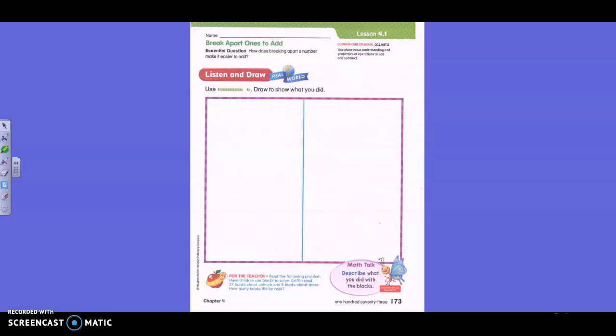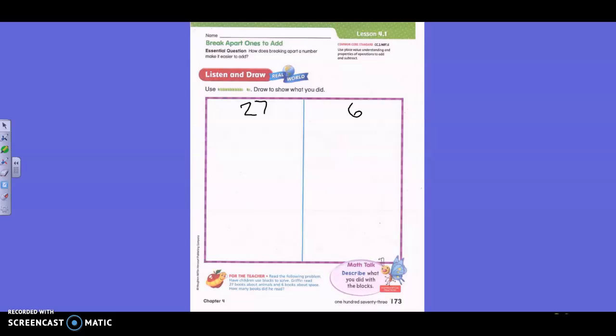Okay. So I want you to do 27 over here for the 27 animal books, and 6 over here for the 6 space books. Okay?